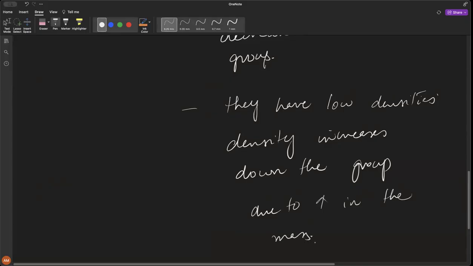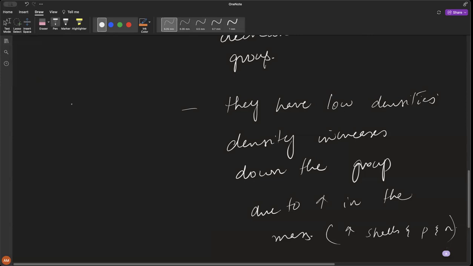Why is the mass increasing? Because there is an increasing number of shells, protons and neutrons. The number of protons, neutrons, and the number of shells is increasing. So the mass of an atom is increasing. That is why their density is increasing down the group. You understand this point?